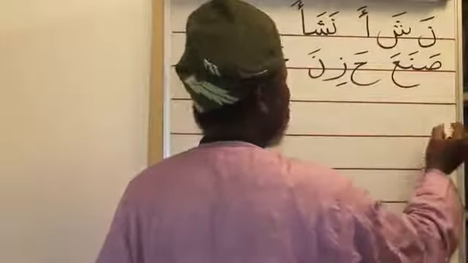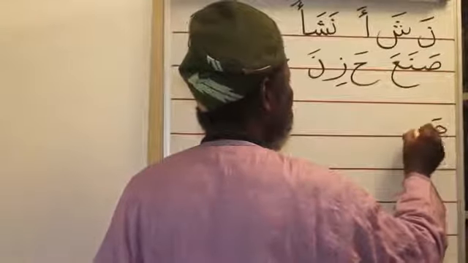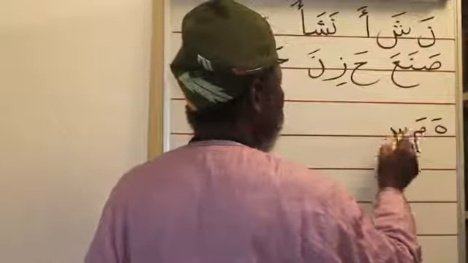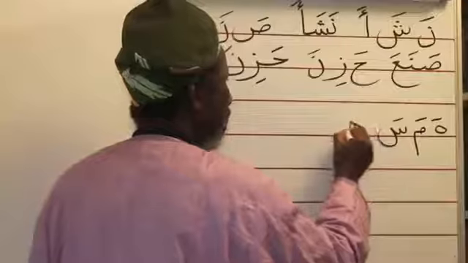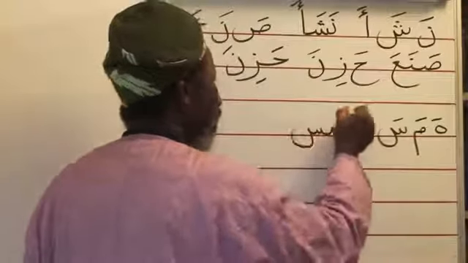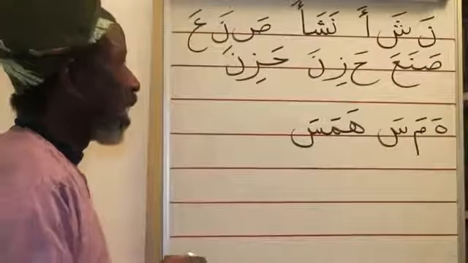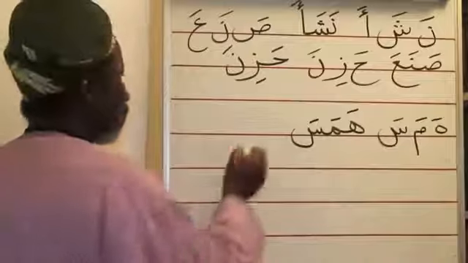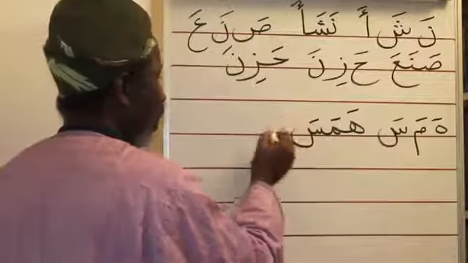Hamasa. So we have ha. Now isolate mim. And then sa. Joint format. Ha ma sa. Hamasa. Ha in the middle, like nahada.